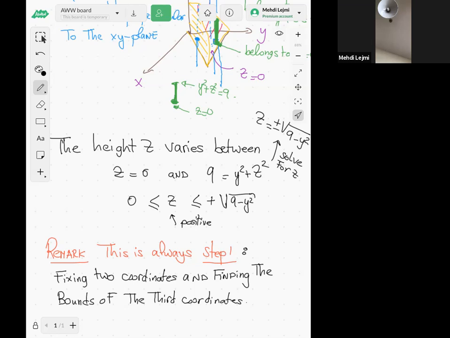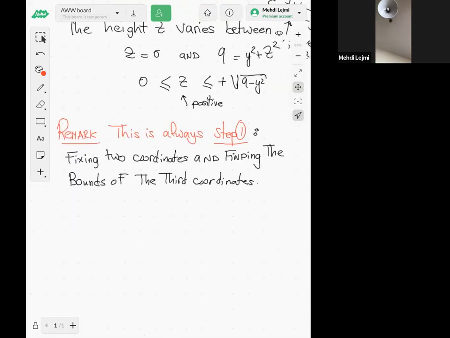All right, so I got the bounds for z. Now is step 2. We said this is step 1, so step 2 would be to find the bounds for x and y.